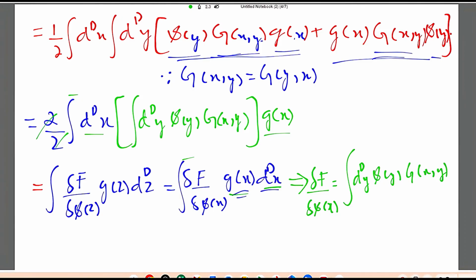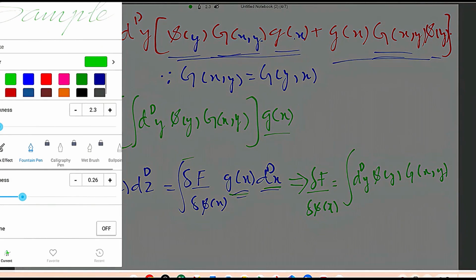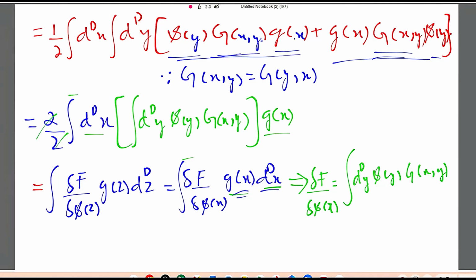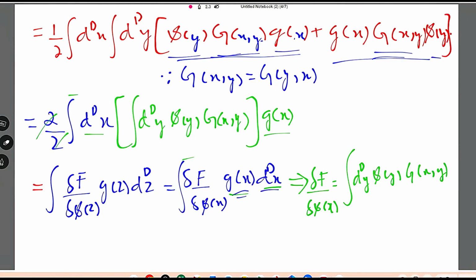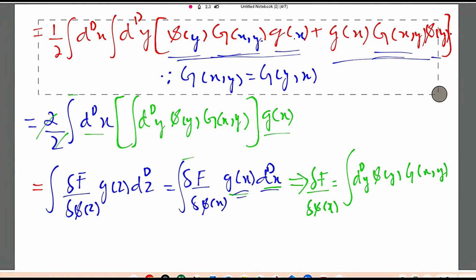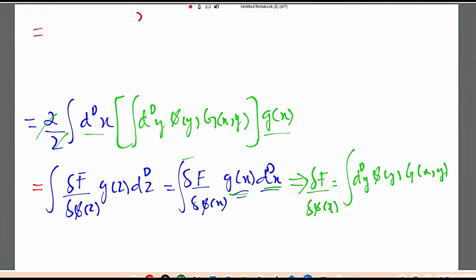Since we have seen the functional was perfectly symmetric in x and y, if I wanted to calculate the functional derivative with respect to phi of y, what I need to do is just simply swap x by y and y by x, and I'll get it.